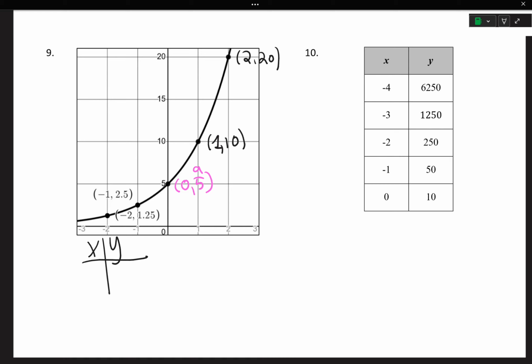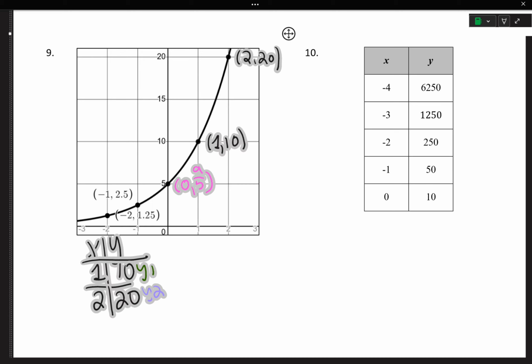Okay, so I'm going to use the x's that are 1 and 2. So 10 and 20. Okay, y1, y2. If you wanted to, you could use the points I already labeled if you wanted to do those decimals. You would get the same thing. Actually, let me draw that on the side, because I definitely know there's some of you being like, what?